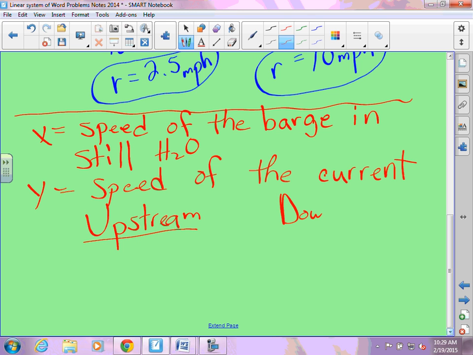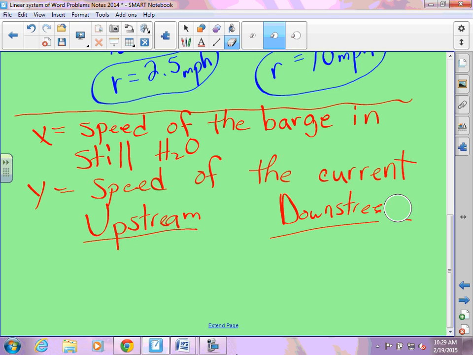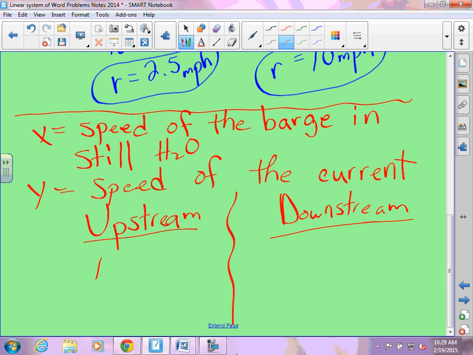Now let's talk a little bit about that. Here's the speed of the barge, yes? It's still water. What does the current do when it's going upstream? It's kind of pulling it back, isn't it? It can't go as fast. So it's pulling back on the stream, so it's minus y. And it's going to equal 2.5.